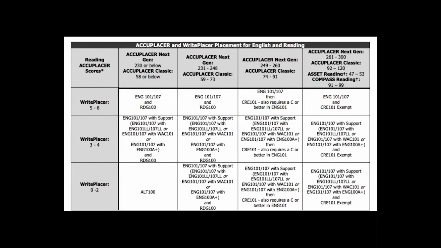For example, if you received a 3 on the Right Placer exam and then received a 235 on the AccuPlacer Next Generation exam, you would match the top of the grid to the side to find the classes you should register for. With these scores, you would place into English 101 or 107 if you're an English as a second language student, with English 101 LL or 107 LL, and Reading 100 or an equivalent course.